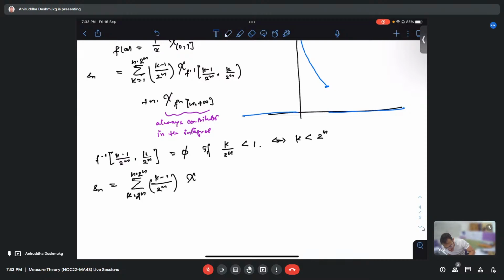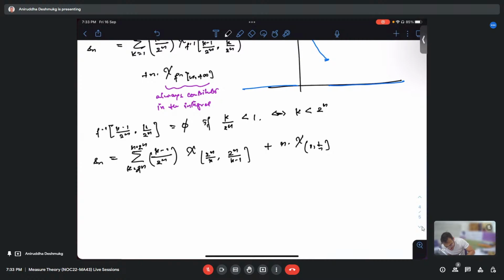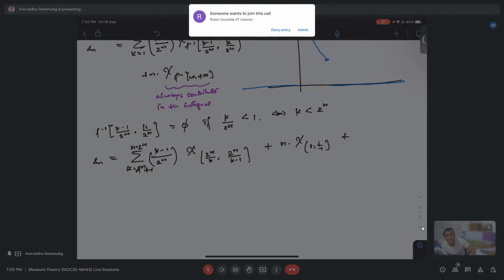F inverse is 2 to the power n by k to 2 to the power n by k minus 1, plus n times chi of 0 to 1 by n. So this was as before. There is no change at all. But what happens is at k equal to 2 to the power n, this is from 1 to something, and that is just a singleton set, right? I should have written plus 1. And there is another term for 2 to the power n.